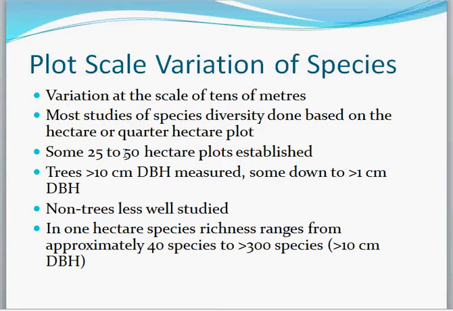So that big investment in time, money and logistics could be protected. This 50 hectare plot was established, and they certainly found an asymptote in the number of species per unit area.